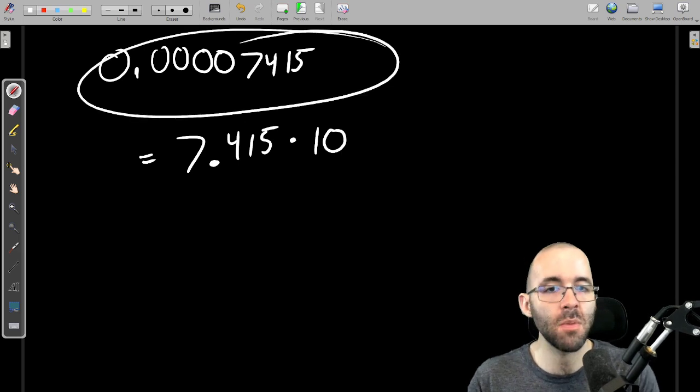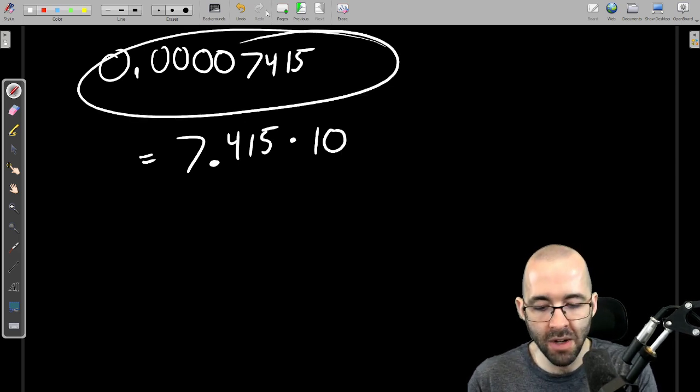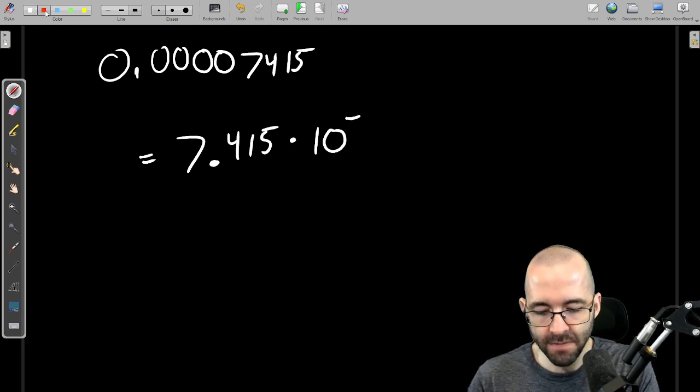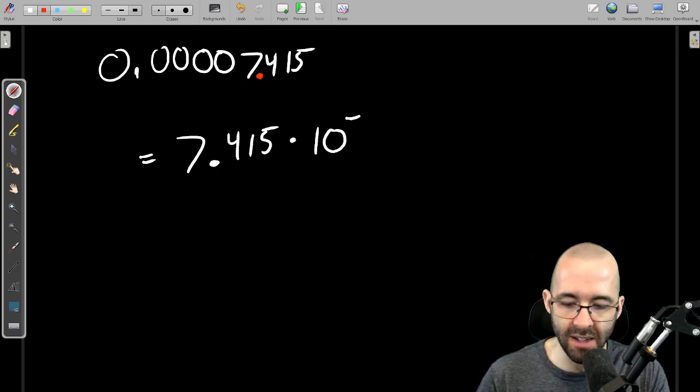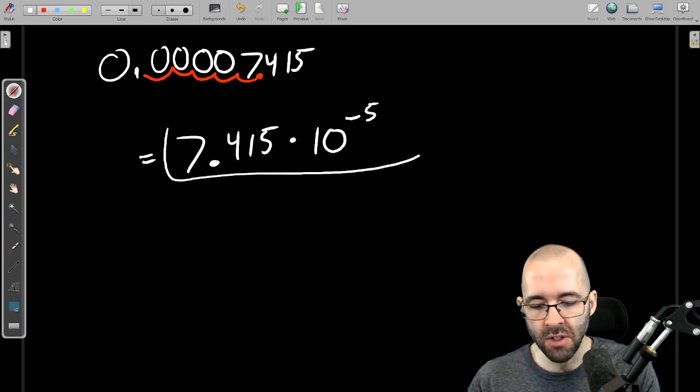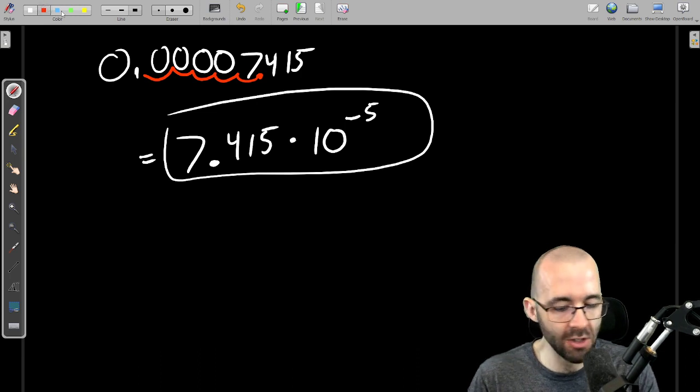And because we started with a small number, a small decimal, we know our exponent's going to have to be negative. Question is, how many times do we have to move the decimal place? Well, we have to move it to the left. That's why it's negative. 1, 2, 3, 4, 5 times. So this should be our answer, and we are going to check it.